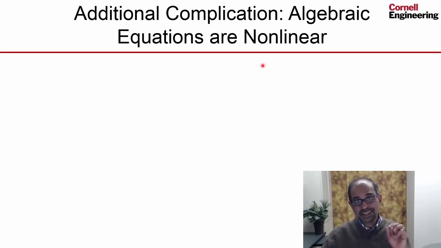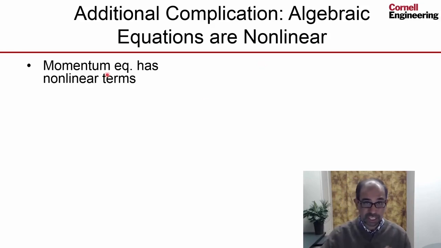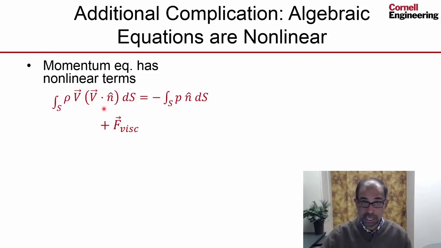To see why we get nonlinear terms in the algebraic equations, let's go to the momentum equation, which has nonlinear terms. In our case, the integral form of the momentum equation looks like that, as we saw before. That term represents the net momentum outflow out of the control volume that we pick.